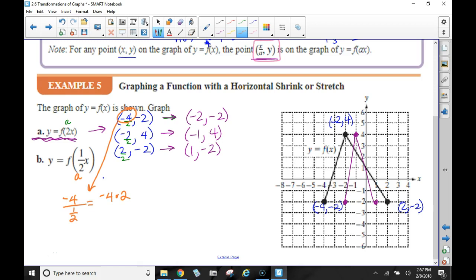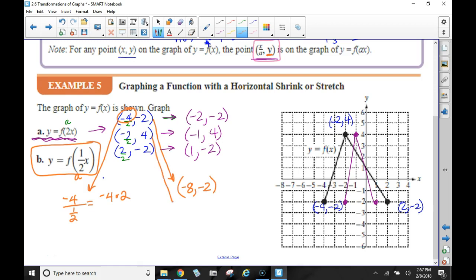Okay? So my new key point on the graph for B, we're multiplying by 2 is really what we're doing here, so I'm now going to have a key point on my new graph at -8, -2. The y doesn't change, just the x.